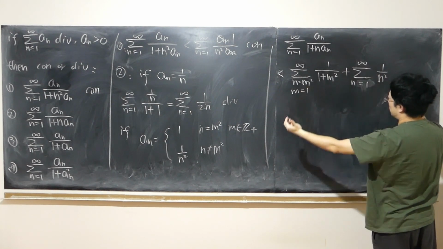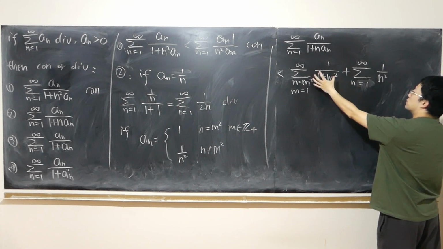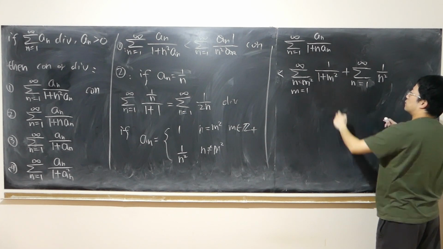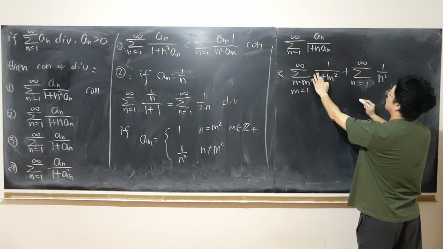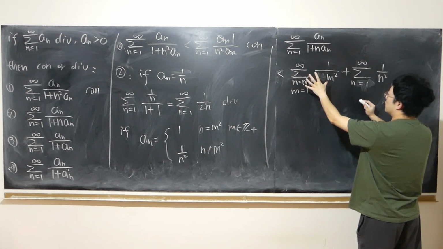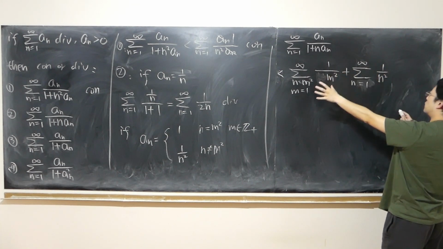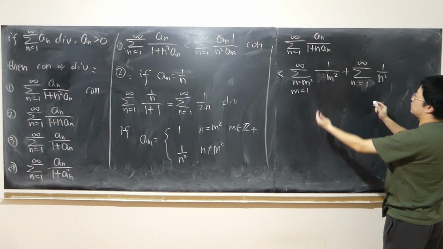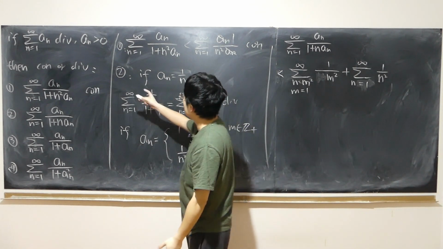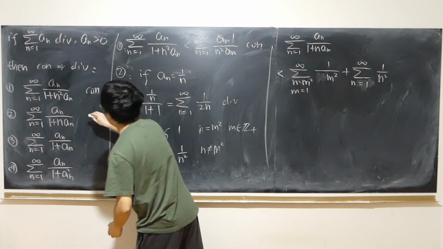Just loosen it a little bit. So get rid of the 1 here and make it a little bit bigger. Of course, this series is obviously convergent, and so is this series. So overall, it's still convergent by the positive series comparison test. So number 2 can either be divergent or convergent. It depends.